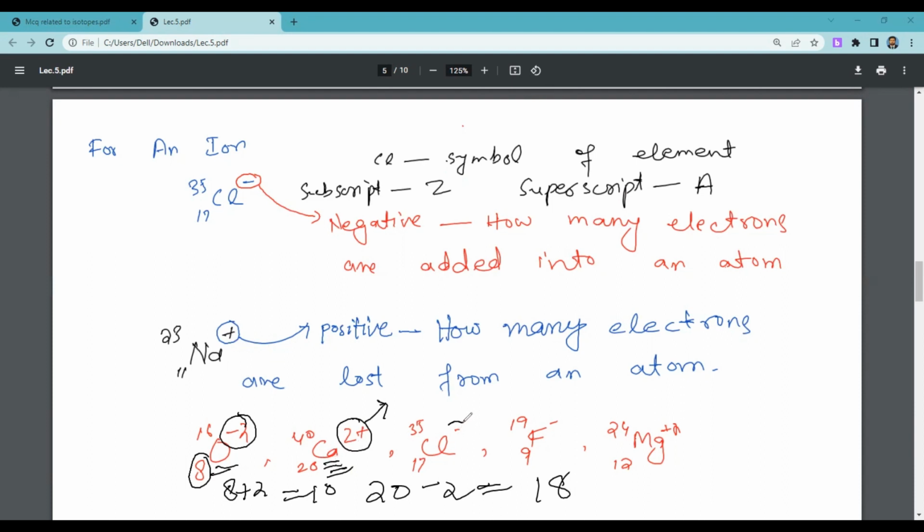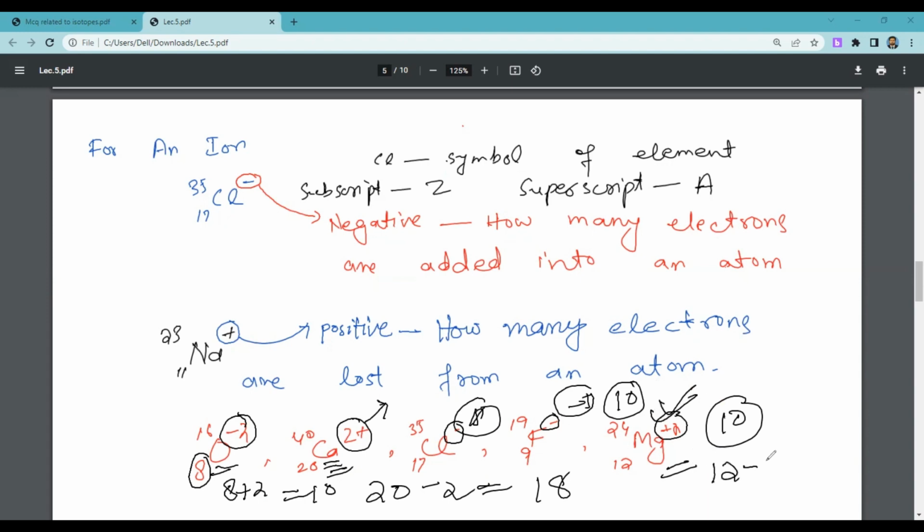Of Cl negative, it means that 1 electron is added, so the total electrons will be 18. Here F negative, one negative is showing that 1 electron is added in fluorine. So the total number of electrons in fluorine will be 10, and in magnesium the total number of electrons will be 10, because the 2 positive charge is showing that 2 electrons are lost from this atom. So 12 minus 2 is equal to 10. I hope this is clear now.